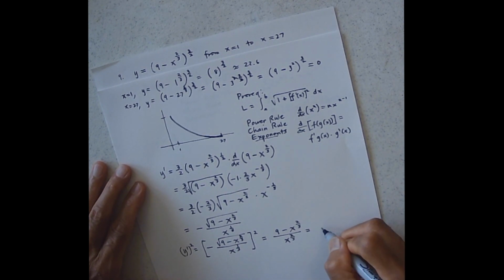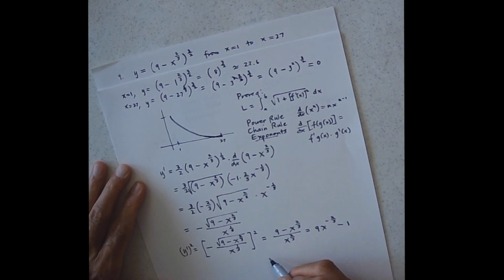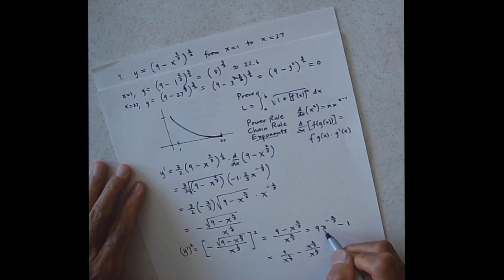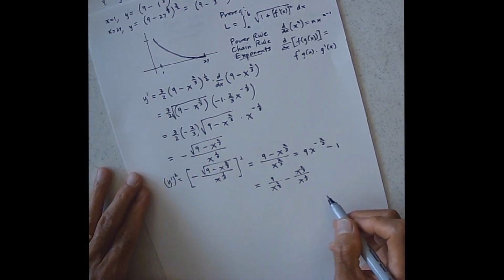Which we can simplify as 9x to the negative 2/3 minus 1. How did that happen? Well, I simply distributed the denominator, so 9 over x to the 2/3 becomes 9x to the negative 2/3, and this quantity divided by itself is equal to 1.